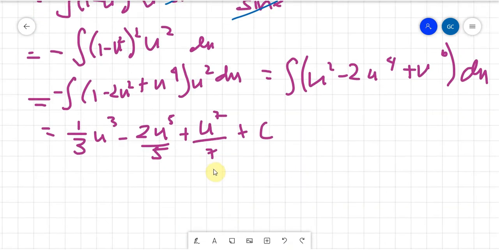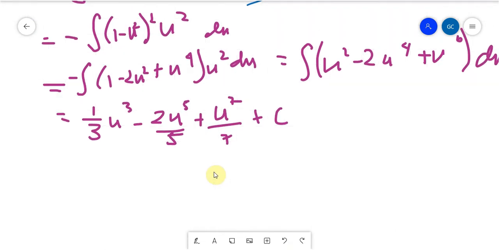Now we will substitute back what is u. u is cosine.